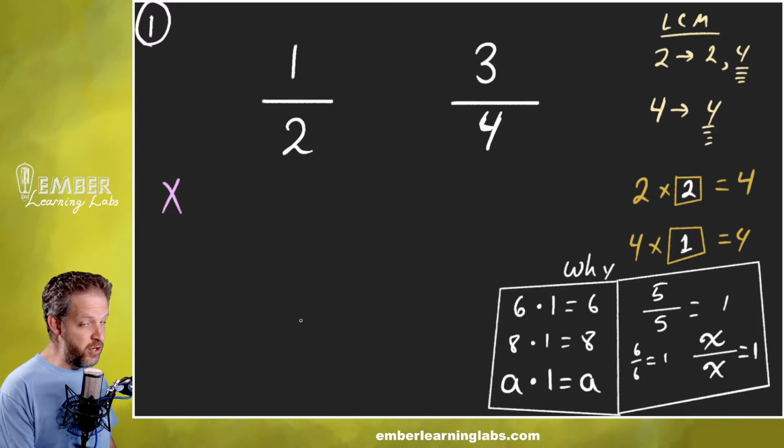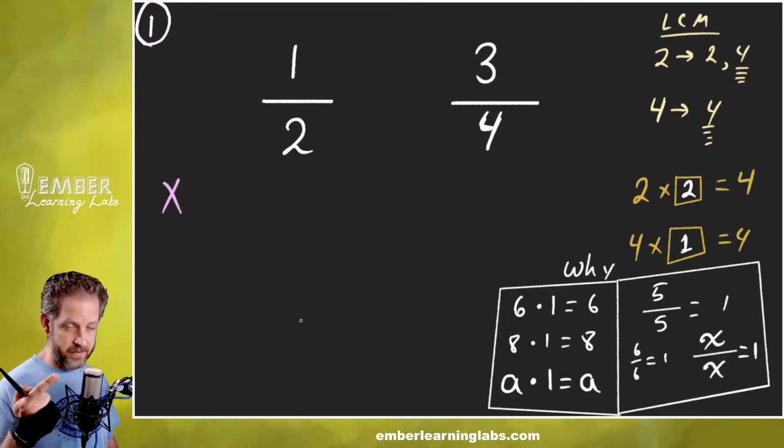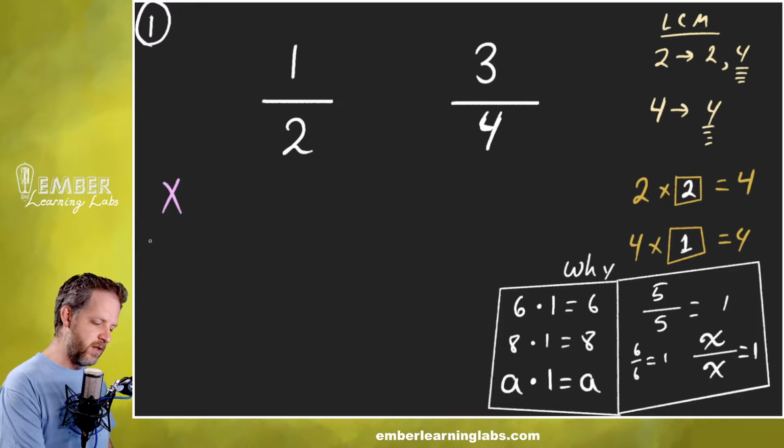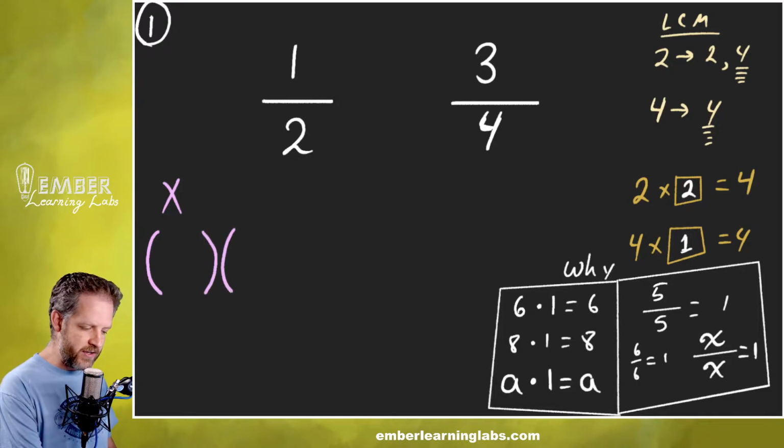There are two other major ways to write times. We're going to talk about one of them. The one that we're going to learn now is if we have parentheses right next to a number with nothing in between. See, there's nothing there.